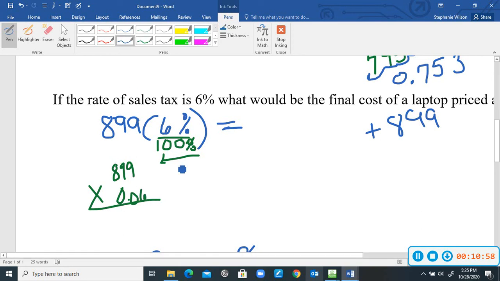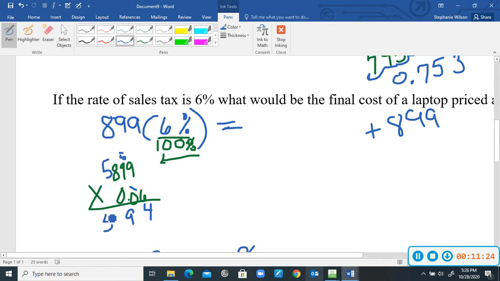So let's do this. We have 6 times 9 is 54. Now we have 6 times 9 again is 54 plus 5, which is 59. Carry the 5. Now I have 6 times 8, it's 48 plus 5 is 53.